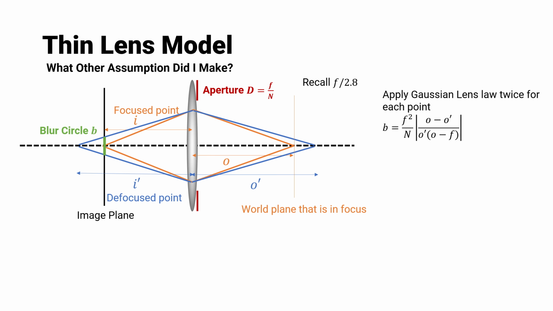Notice that here only one plane in the world is in focus at all times. And I'm going to repeat that one more time. Whenever you set focus, you're setting focus to a world distance at that planar distance. Imagine you set focus at 1 meter. Everything in the plane at 1 meter is going to be in focus.